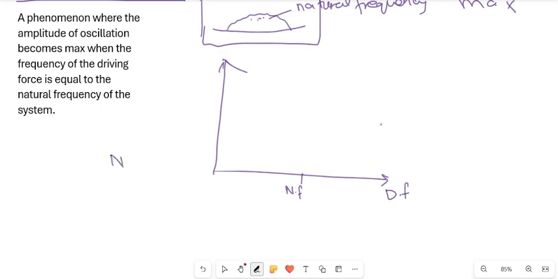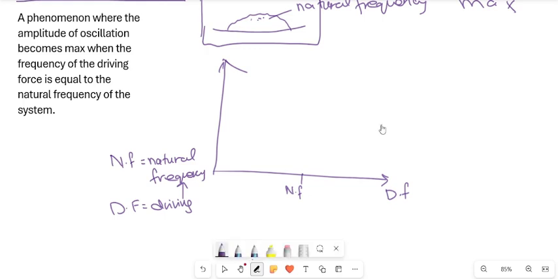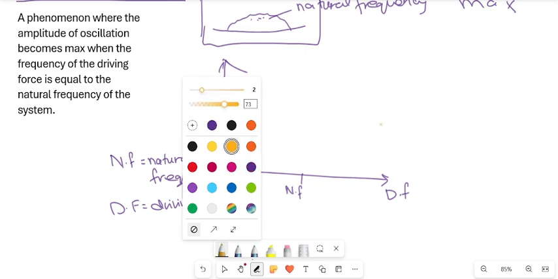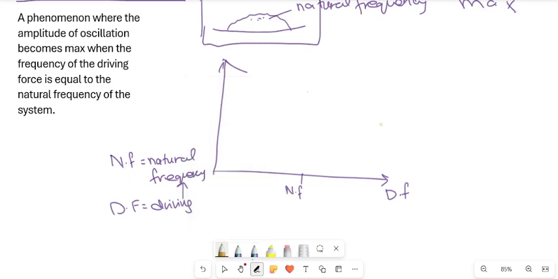So in case you forget, this is natural frequency and this is driving frequency. Now we are going to draw, let me make it very clear.